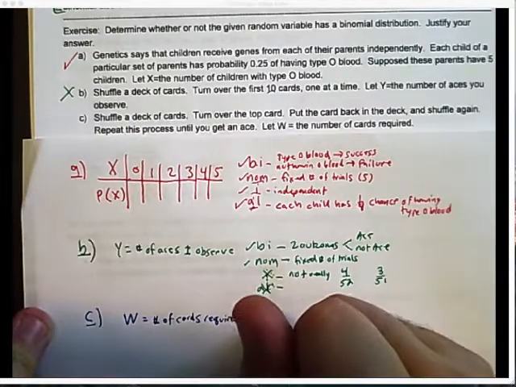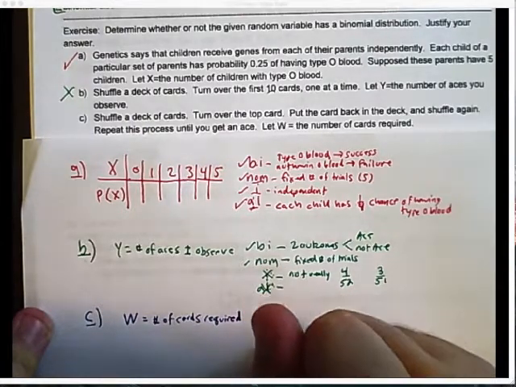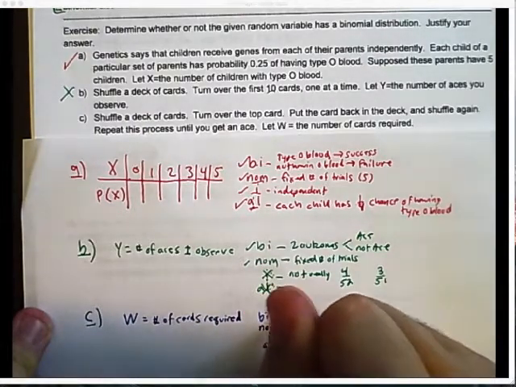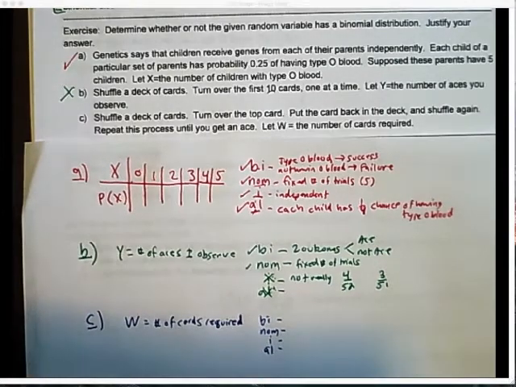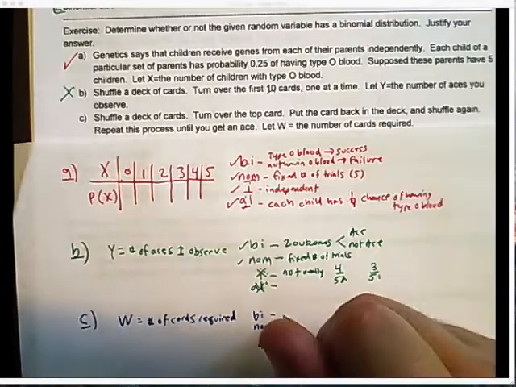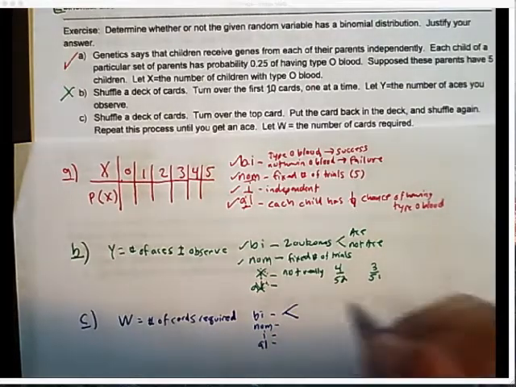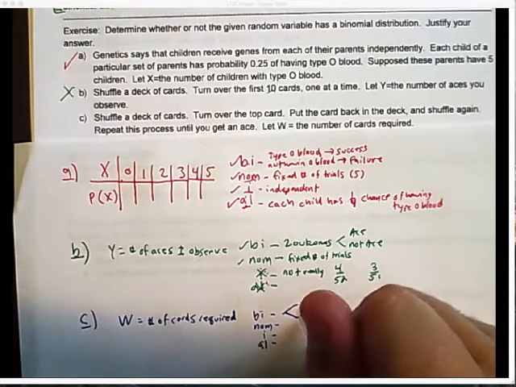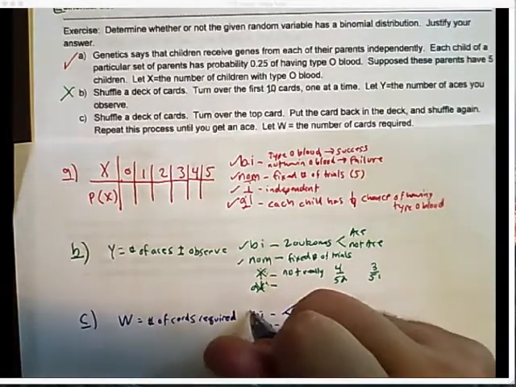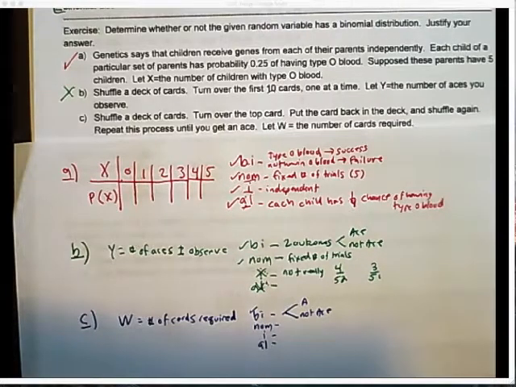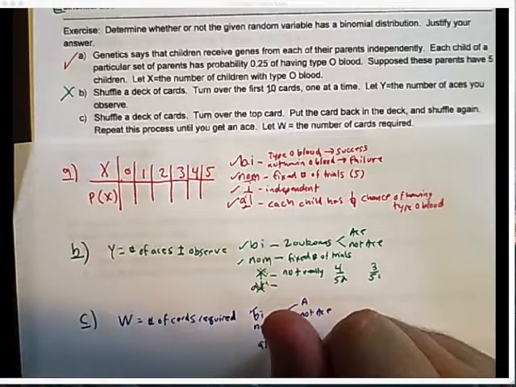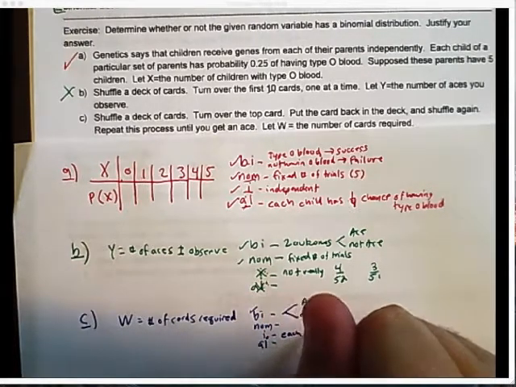So let's go through our conditions. When I turn over the card, I either get an ace or I don't, so two outcomes is met. Is each time I do this independent of the next? Well, since I'm shuffling and putting the card back in the deck, each turn is independent.